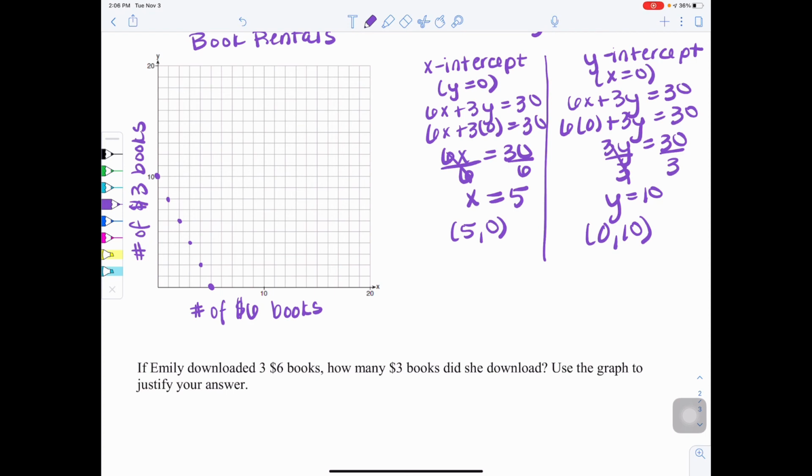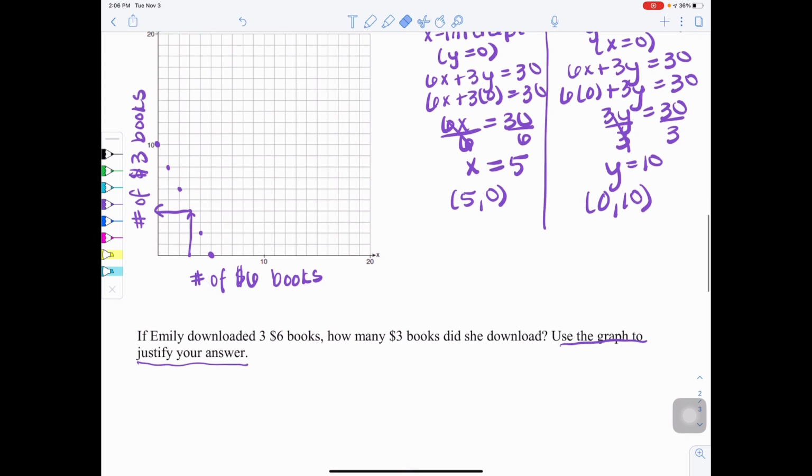So now if we look at the question, if Emily downloaded 3 $6 books, how many $3 books did she download? It specifically says you have to use the graph. So we cannot use our equation and do some algebra and figure that out at this phase. We want to just look at the graph. So if I go up and find 3 $6 books, that'd be here. I'm going to follow it up and then follow it over to the y-axis and see that that would be 4.